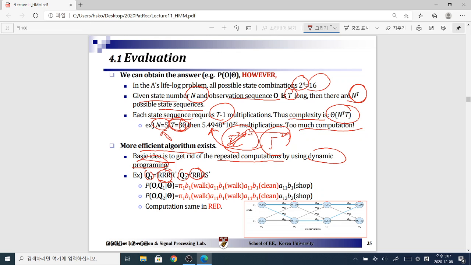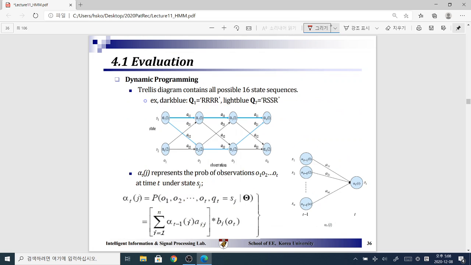So you actually have a repetition that is exactly the same for Q1 and Q2. So maybe we can alleviate that and exploit this repetition. And how we could do that is by using, once again, dynamic programming.